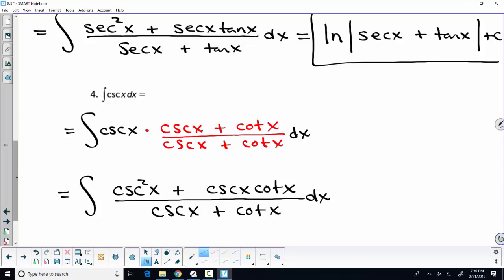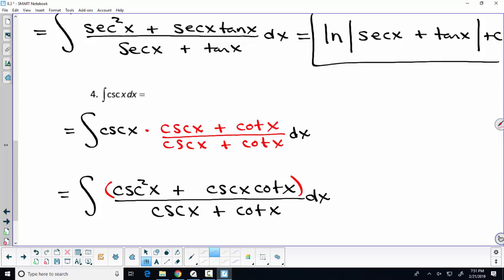So the derivative of cosecant is what? Negative cosecant cotangent. Derivative of cotangent, negative cosecant squared, right? So the function on the bottom, the derivative of this is up top, except we're off by a factor of -1, right? We need both of these up top to be -1.